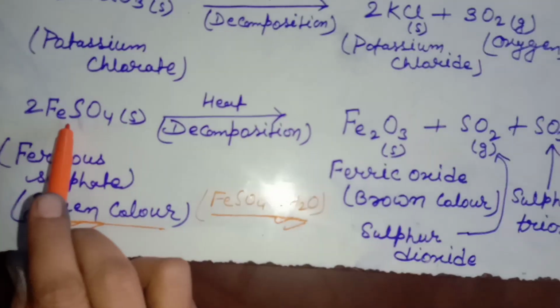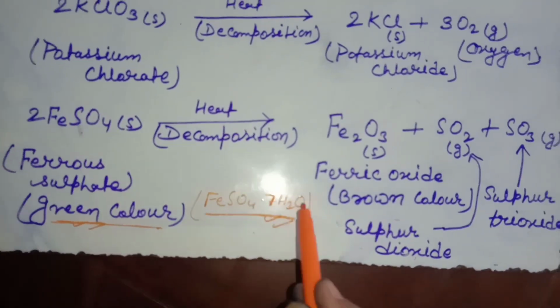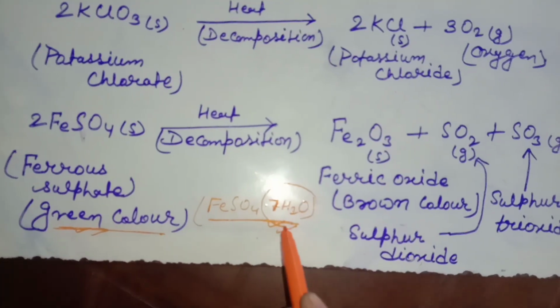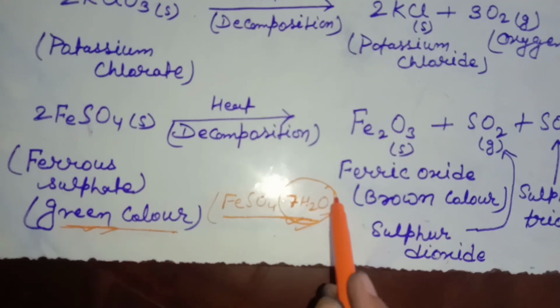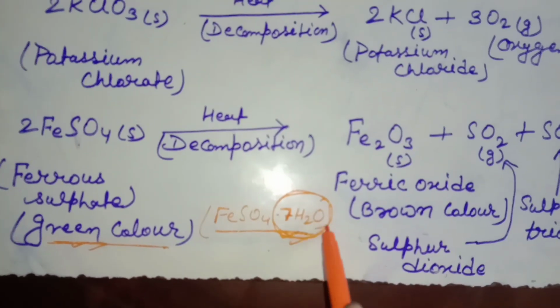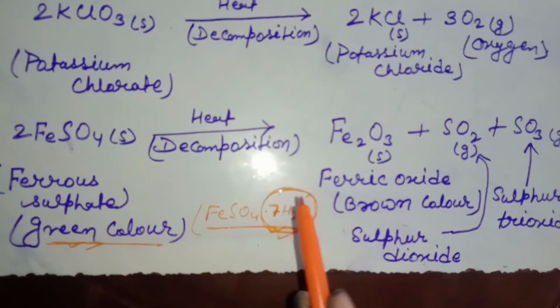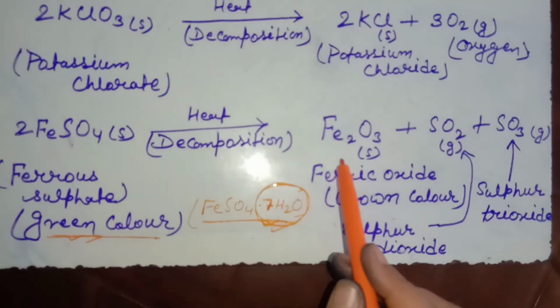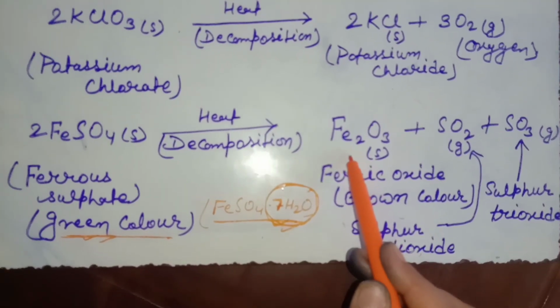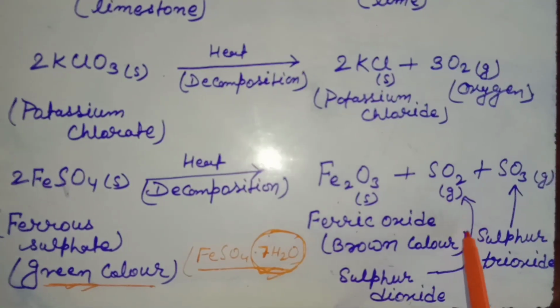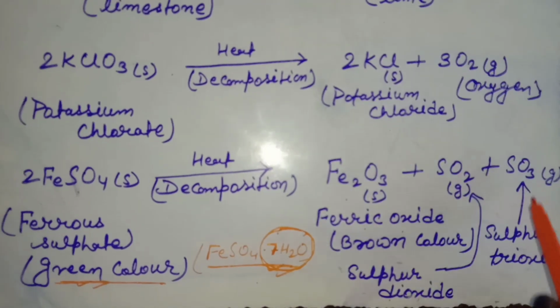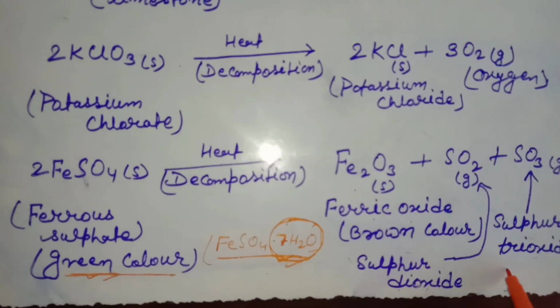When we heat this ferrous sulfate, first it loses these 7 molecules of water, then starts to decompose. Then first what is it giving? Ferric oxide. Second, sulfur dioxide. Third one is sulfur trioxide.